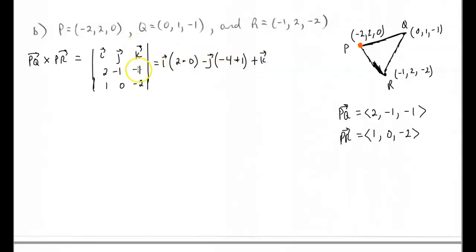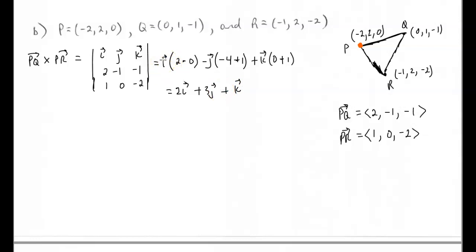And then K, take out the last column, top row: 2 times 0 is 0, minus 1 times a negative 1, which is a negative 1. So minus a negative is the same as addition. And this result here ends up being 2I plus 3J, because the negative times a negative is a positive, plus K.